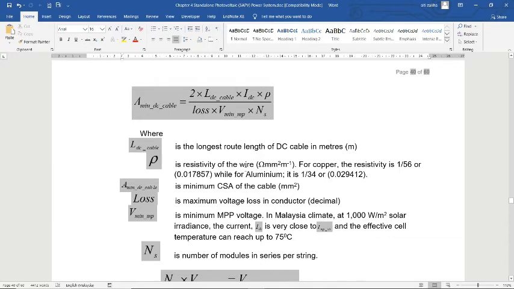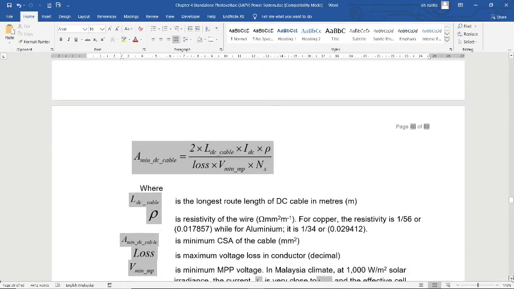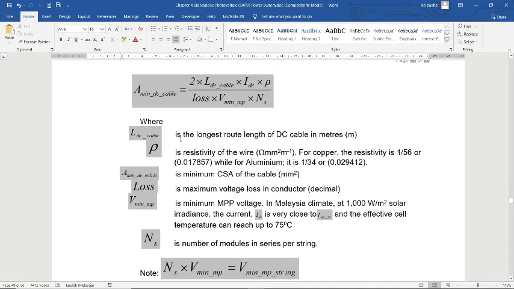If the cable is aluminium type, the resistivity is 1 over 34, or 0.029412. So this one you can calculate. IDC you can calculate whether for array or for string cable.